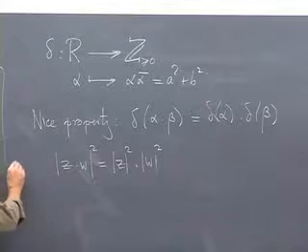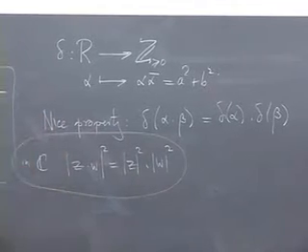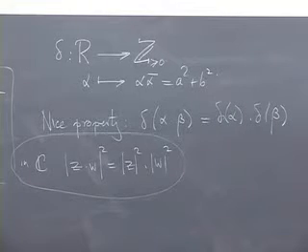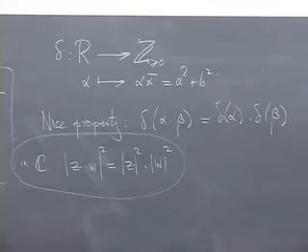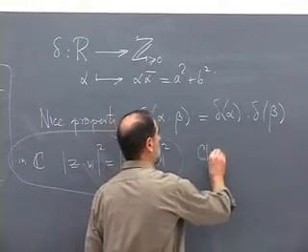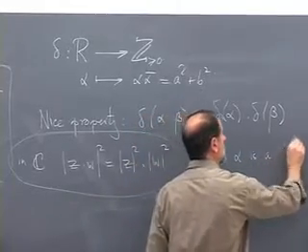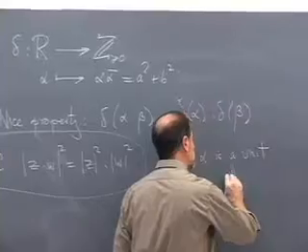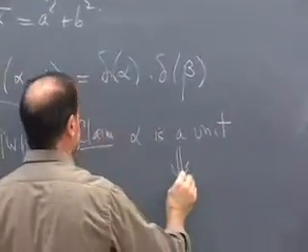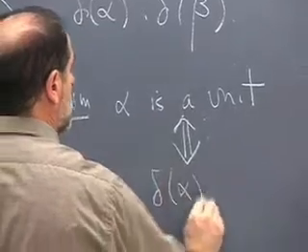So this is true in the complex numbers. It has nothing to do with actual arithmetic or integers or anything like that. It just has to do with a property of the complex absolute value. Good. All right, now I claim alpha is a unit if and only if delta alpha is equal to 1.